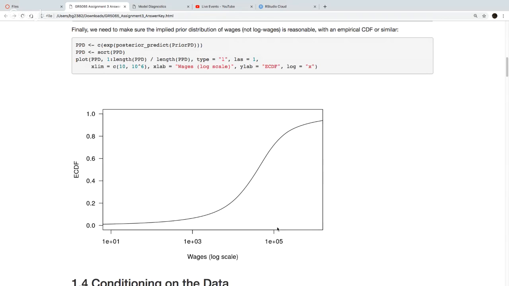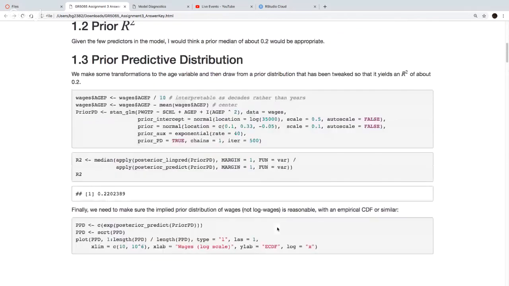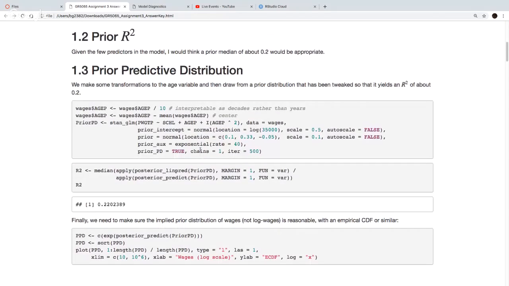Yeah? How can you use the rate for the residual variance? Right, so that's an exponential prior, or it could have been some different things, but I used an exponential prior. And so then you think about your expectation for that, and then just take the reciprocal of it.